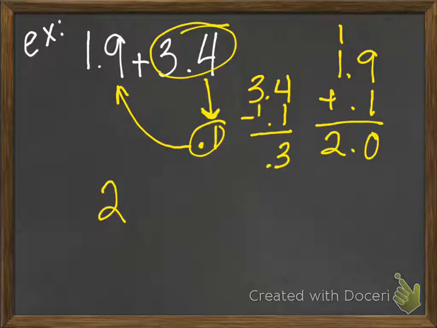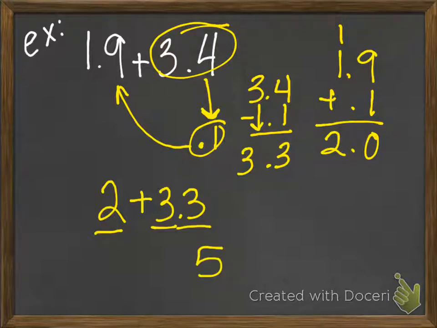Drop my decimal down, drop this 3 down, and so I would have 2 plus 3.3. All right, and so then we would just add straight across. Take your whole numbers first. So 2 plus 3 is 5, and then add your 0.3 onto the back, and you get 5.3.